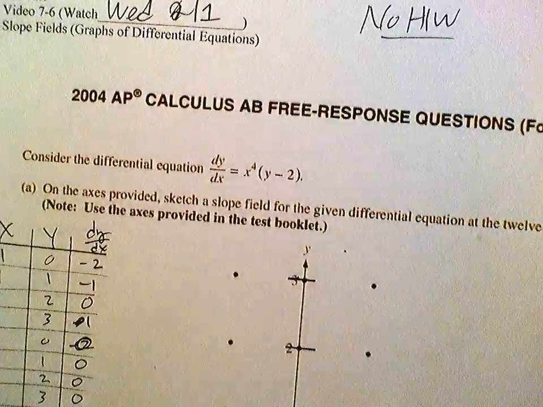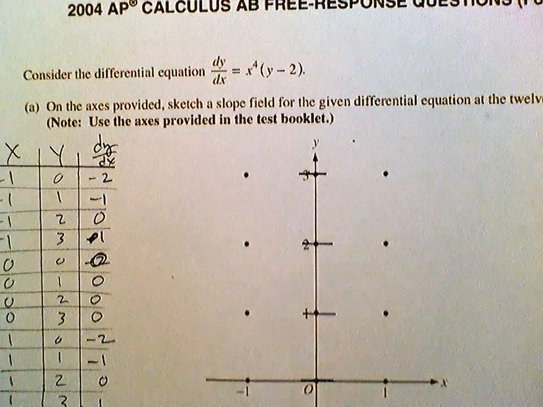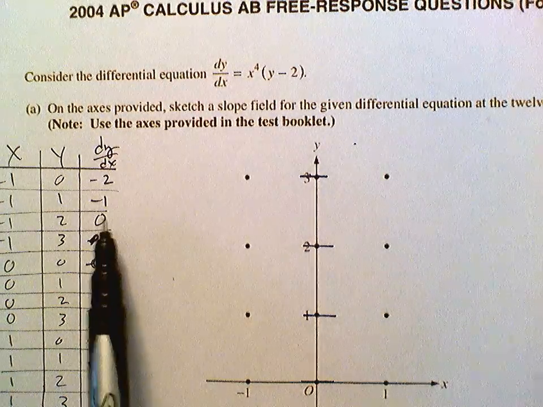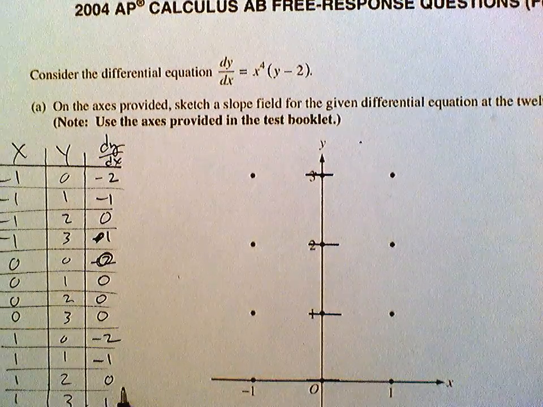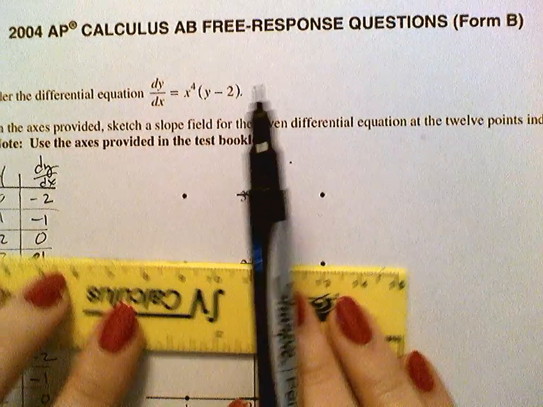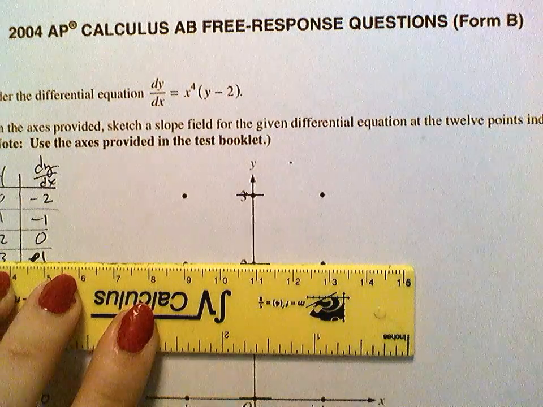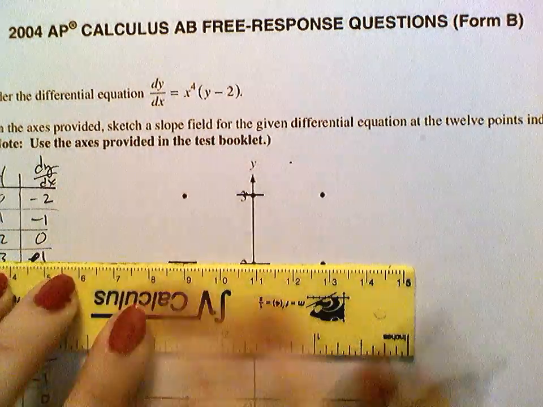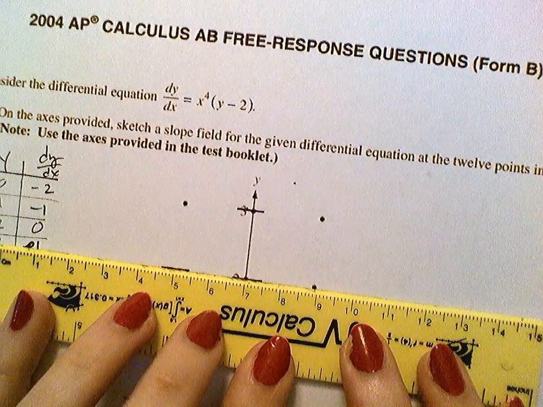And any other zeros, because that's pretty easy. Yeah, at (-1, 2) and at (1, 2). So actually this horizontal line also will have a row of horizontal segments.